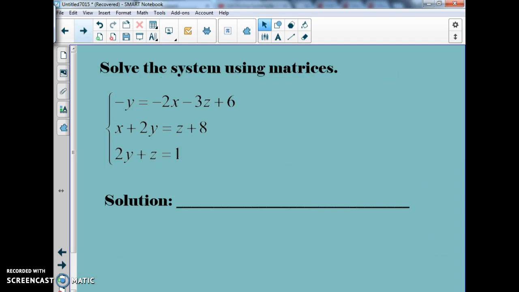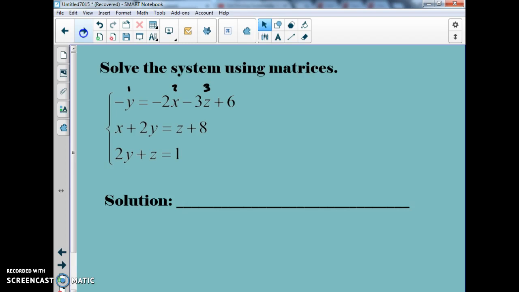Now we're looking at a new type of matrix, and we see that there are now 1, 2, and 3 variables. So we're going to expand our matrix here.